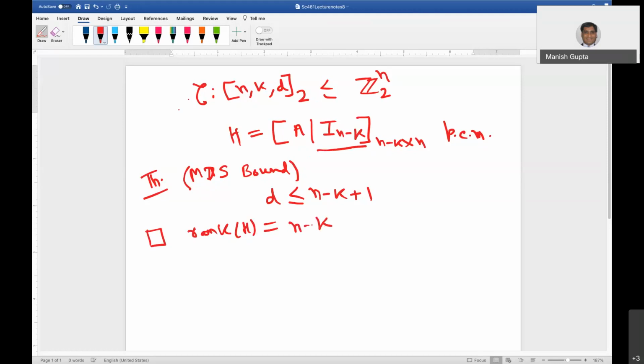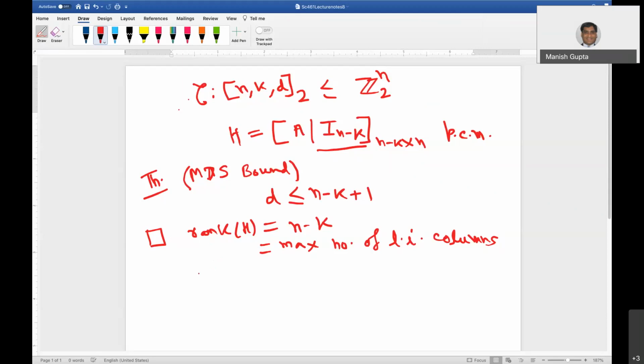All these n minus k rows are linearly independent. So the rank of H is nothing but the maximum number of linearly independent columns. That's the definition of rank.